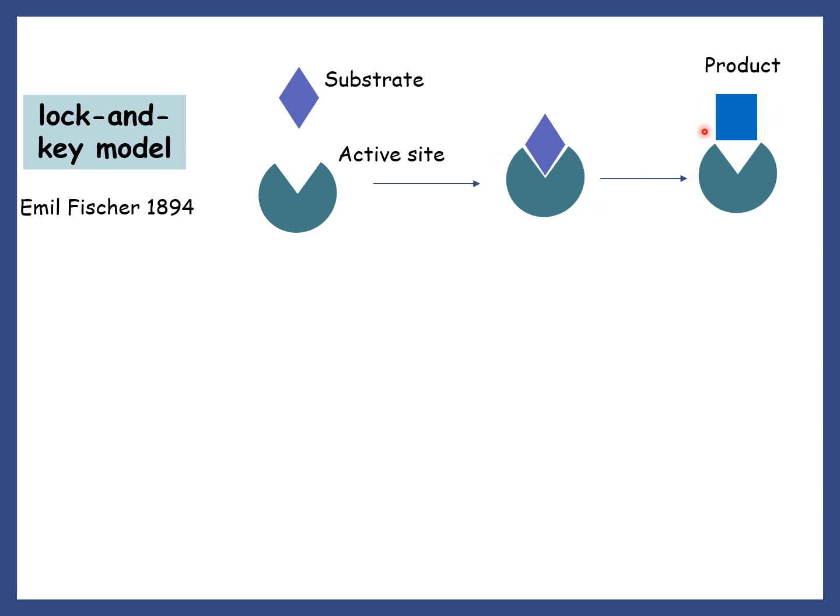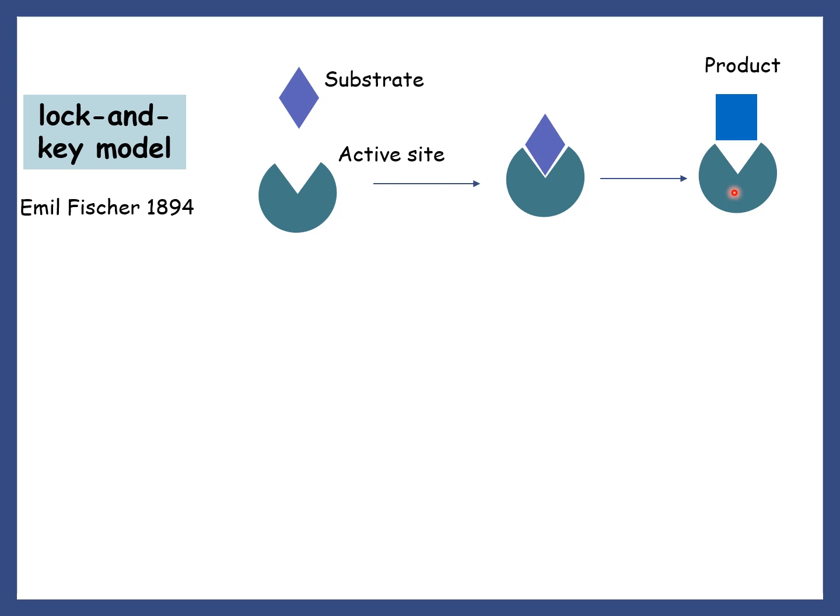And when the product is formed, the product would be released and we'll have our enzyme back free and the active site remains intact. This model is talking about a fixed conformation of the active site, which does not change over time, or at least does not change upon the substrate binding.